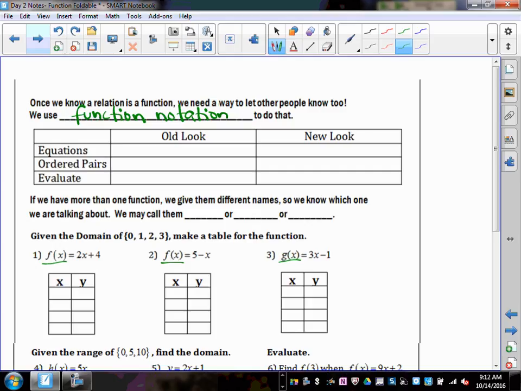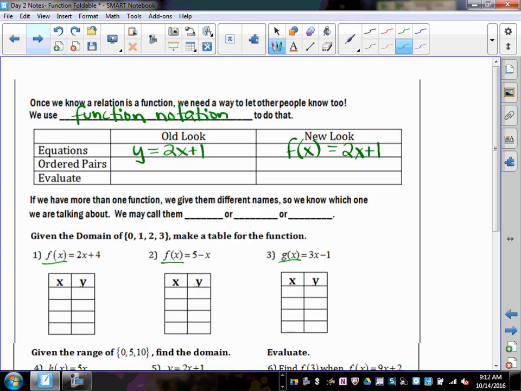So before, your old ways, you might have an equation such as y equals 2x plus 1. Well, now with function notation, instead of y, we write f parentheses x parentheses equals 2x plus 1.